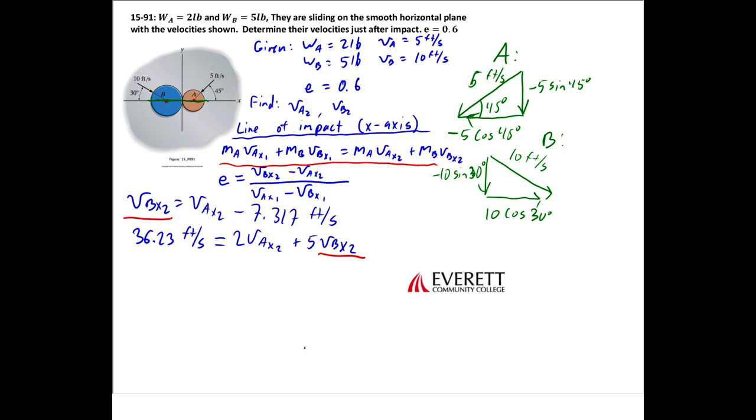So I'd end up with 36.23 feet per second equal to 2 times VAX2 plus 5 times, now plug in the equation above, VAX2 minus 7.317.